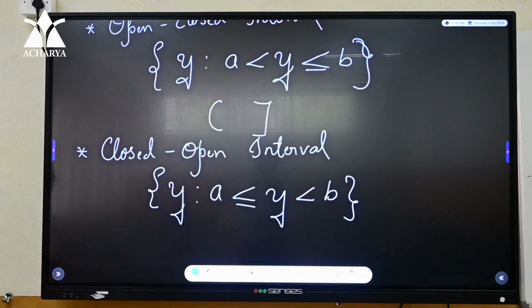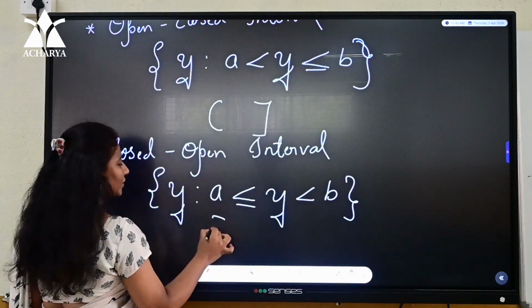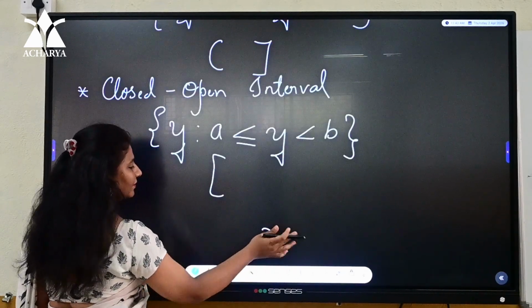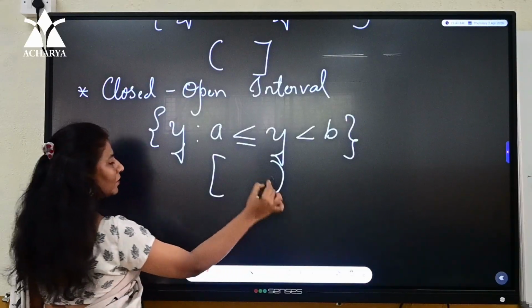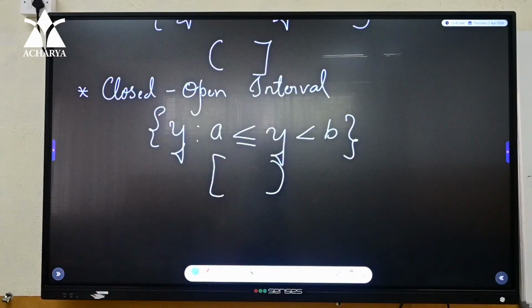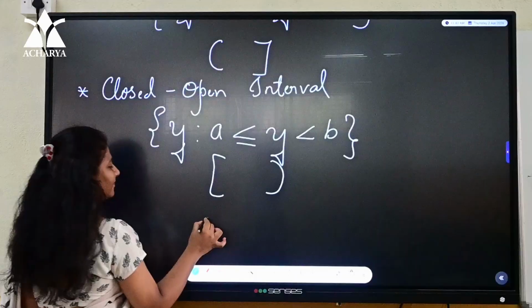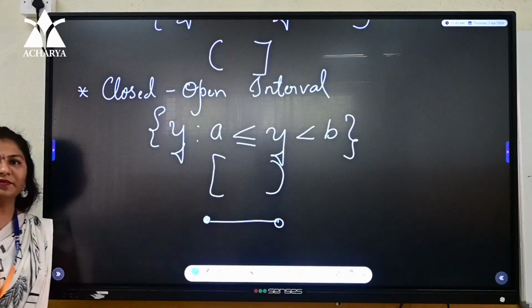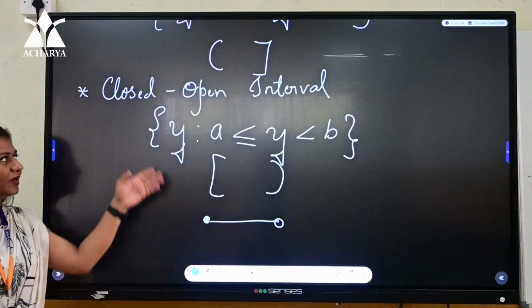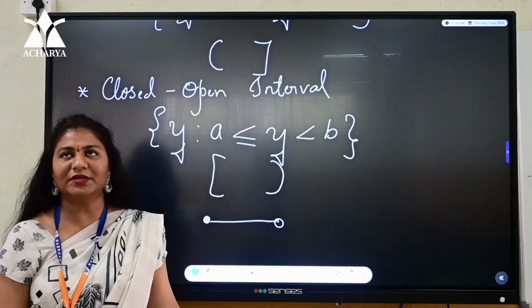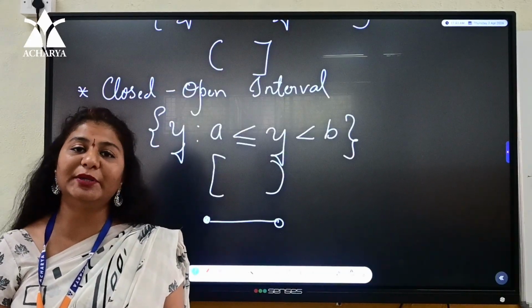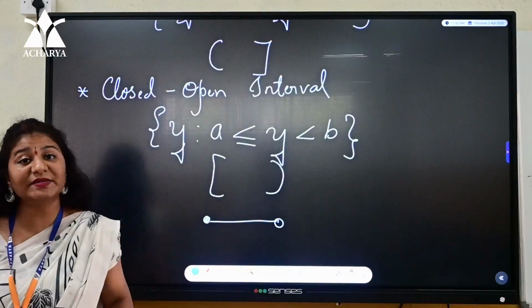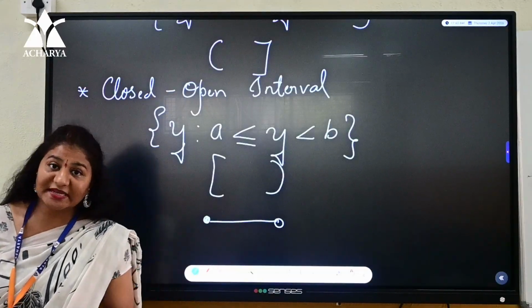So how is it defined in brackets? Closed and then open. So what happens in the number line? Same condition. The first term is closed and here it is open. So these are the four intervals of subsets of real numbers which we will be using in our entire syllabus, especially in limits and derivatives.